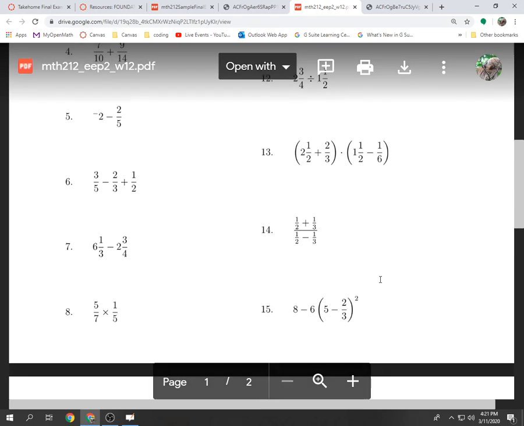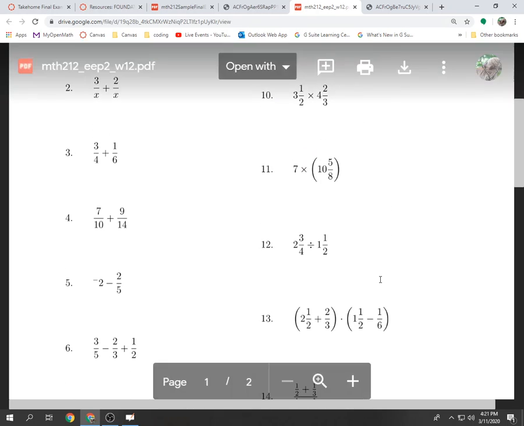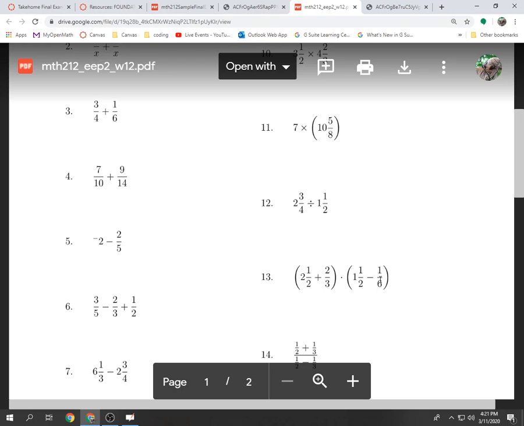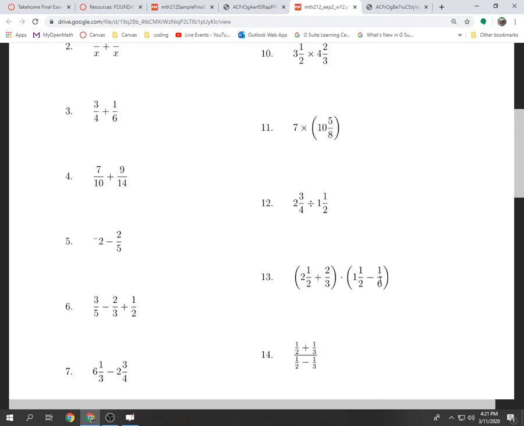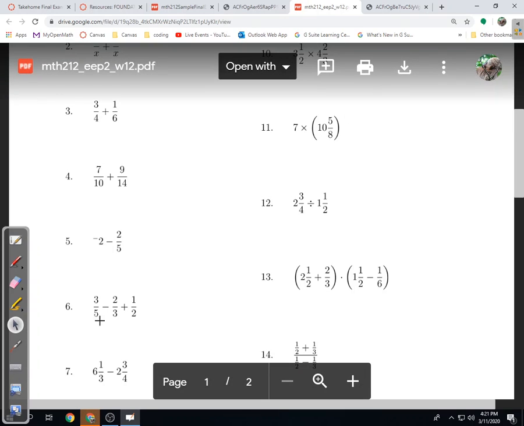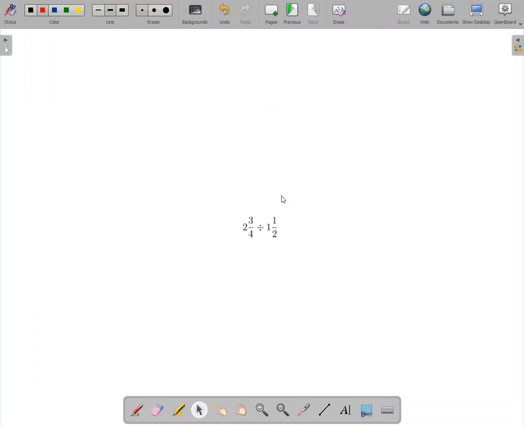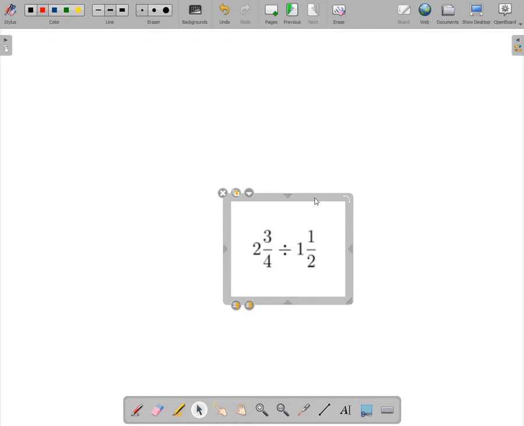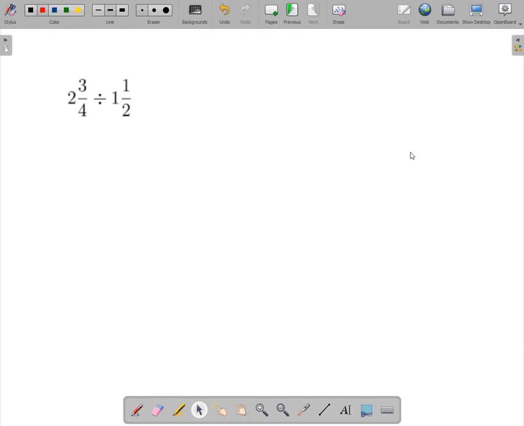All right, how about let's jump to a division problem. Number 12. All right, so first step with division of mixed numbers, I would put them into a new problem. You have to.